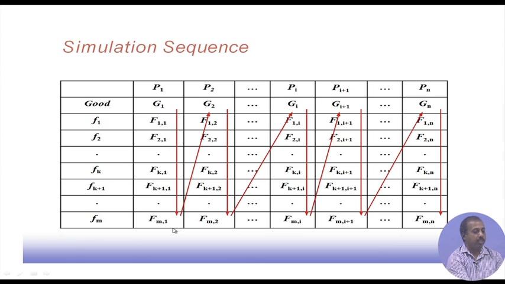It is done in a differential fashion, that is, if a portion of the circuit changes, then only that portion is simulated. Then it goes back, starts with the next pattern P2 and the good circuit, and injects faults one after the other, and that way it continues.